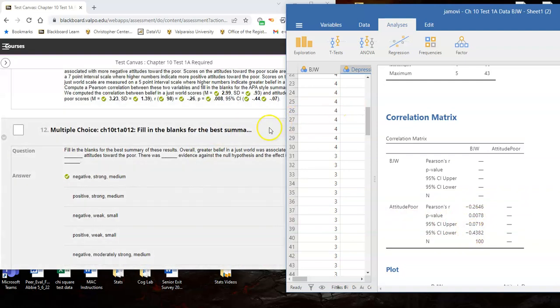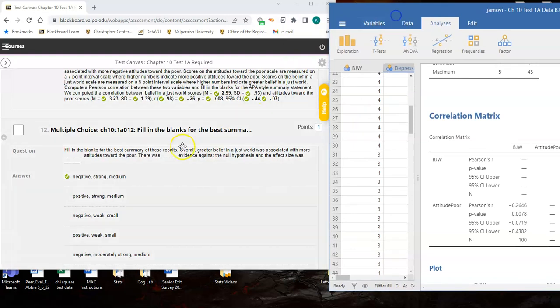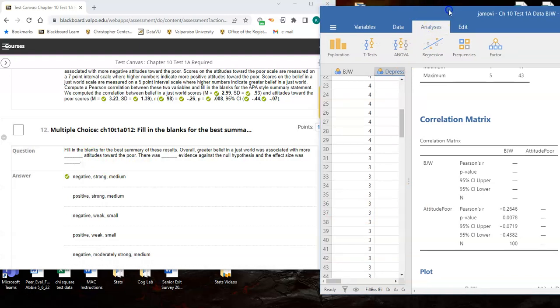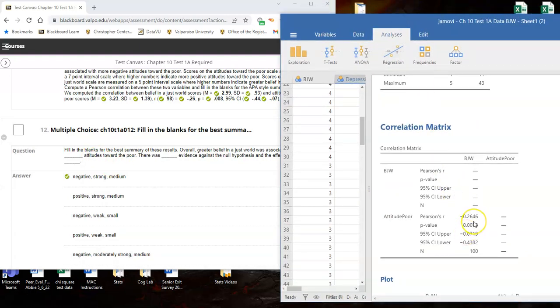Now the interpretation. Overall, a belief in a just world is associated with a more negative attitude towards the poor. And we say that because it's a negative correlation. So as your belief in a just world goes up, your attitude towards the poor goes lower. That's why it's a negative correlation.